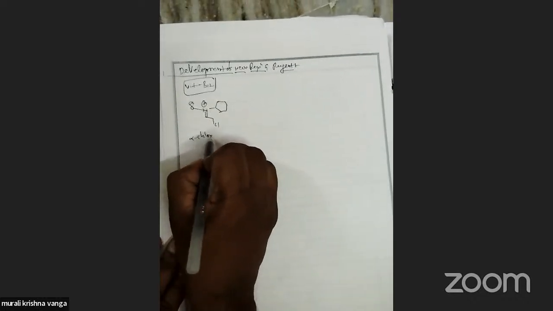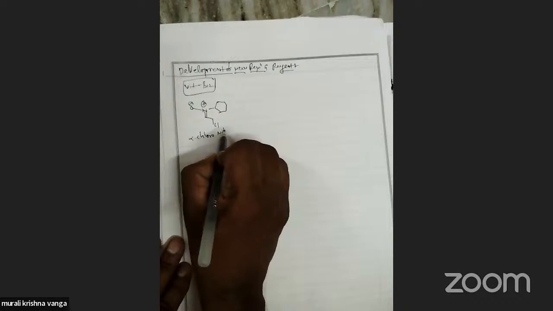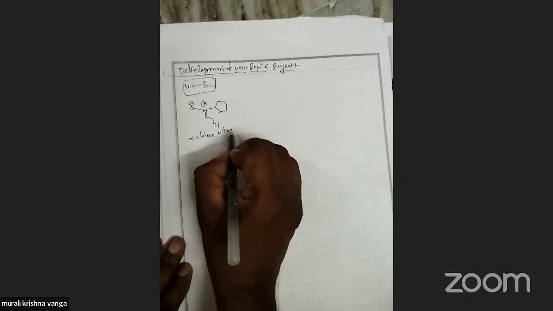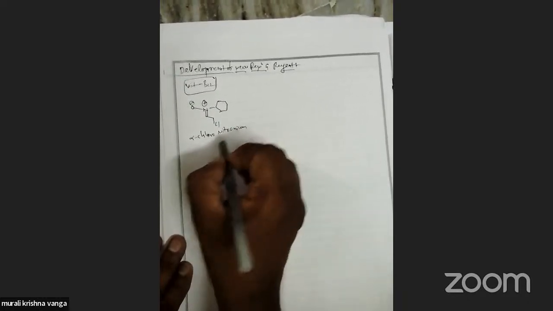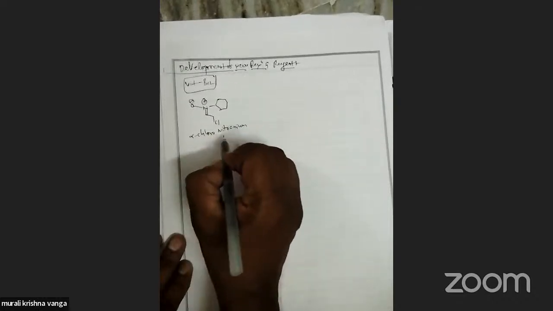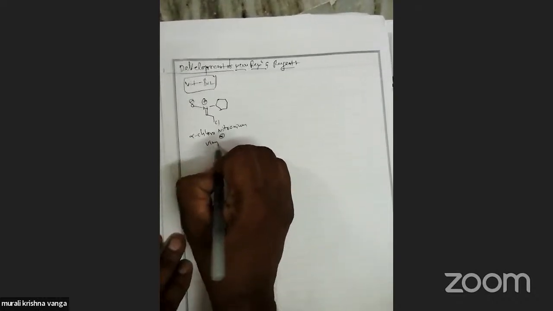alpha chloronitronium. This is also called vinyl nitrone.